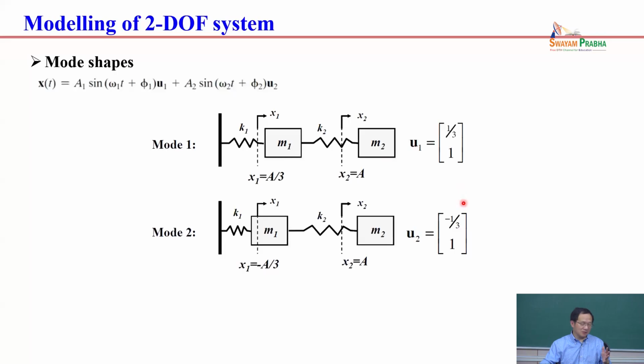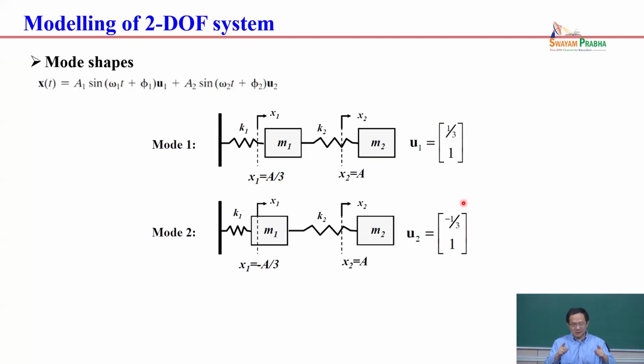Okay, another thing is, you look at here. This is negative 1/3. That means this one moves to here, and then this moves to here, right? x1 moves to negative 1/3, x2 moves to 1. So we call it out of phase motion, right?